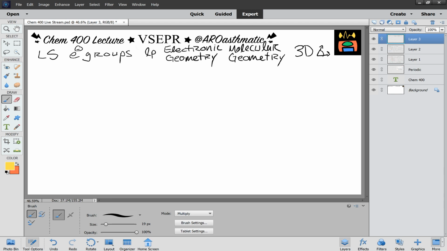So the whole goal is, like we saw yesterday, we're starting from the Lewis structure, trying to determine our three-dimensional representation and our bond angle, and the number of electron groups will determine our electronic geometry, and then the number of electron groups in conjunction with our lone pairs determines our molecular geometry.